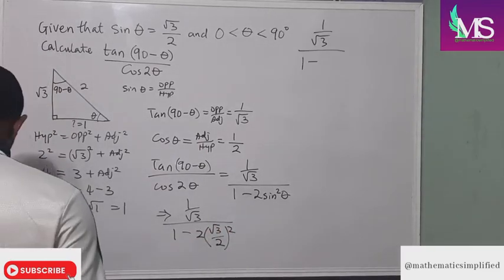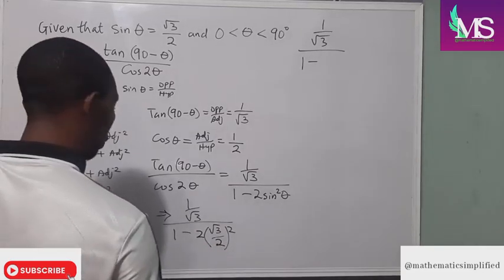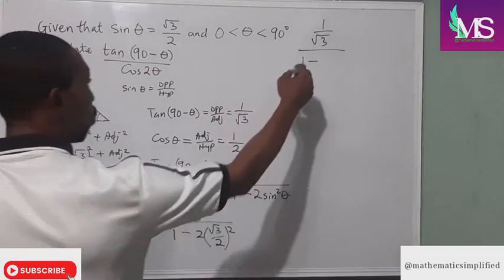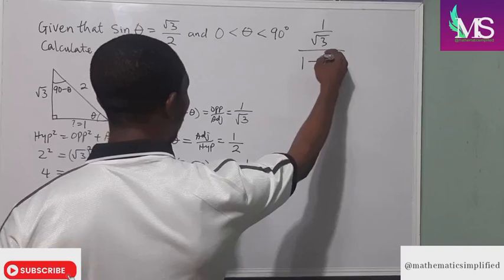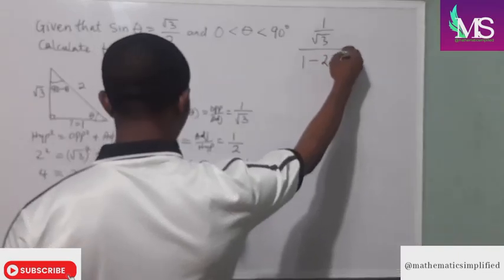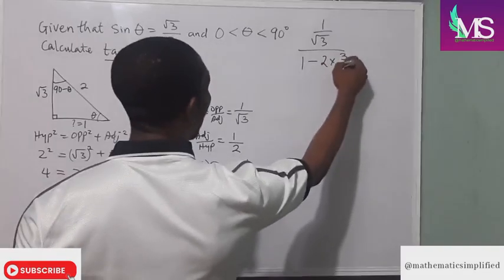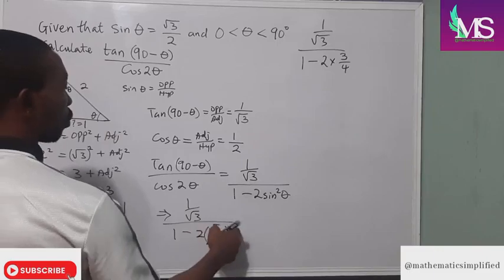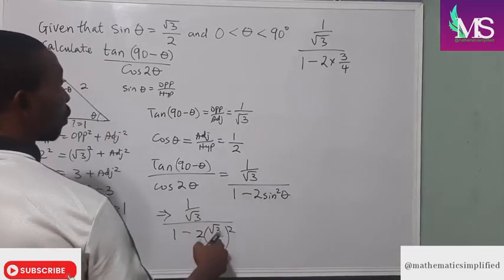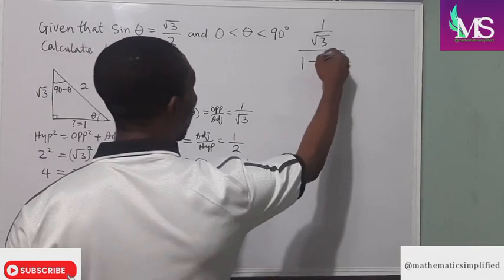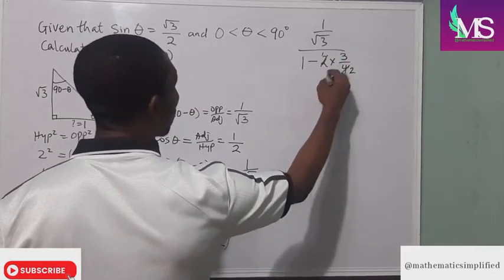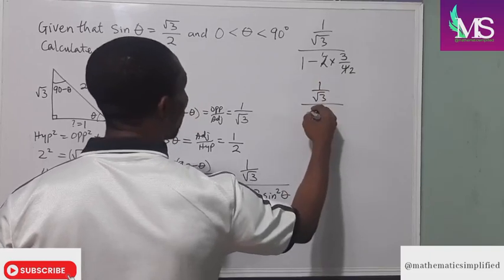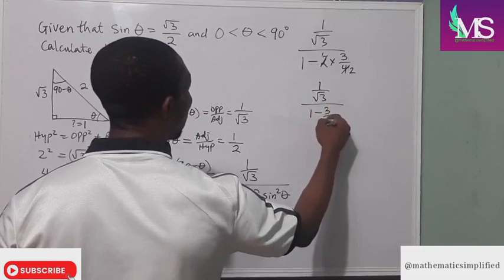If we expand this, we are going to have 1 minus 2 times 3 over 4. Squaring this, root 3 squared will give us 3 and 2 squared will give us 4. So this will give us 1 over root 3 all over 1 minus 3 over 2.